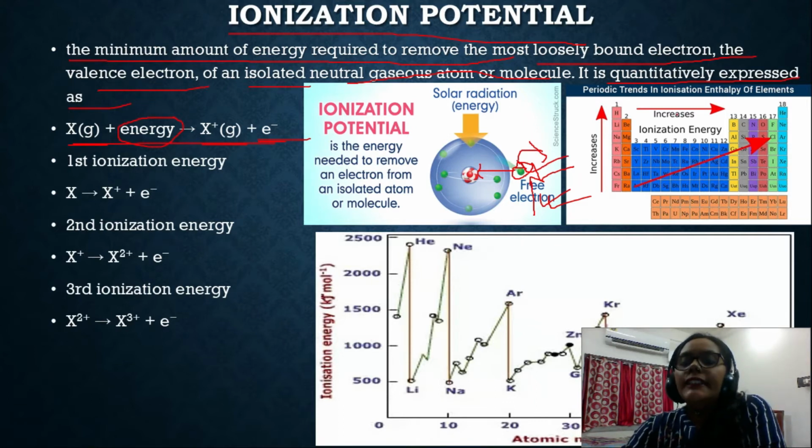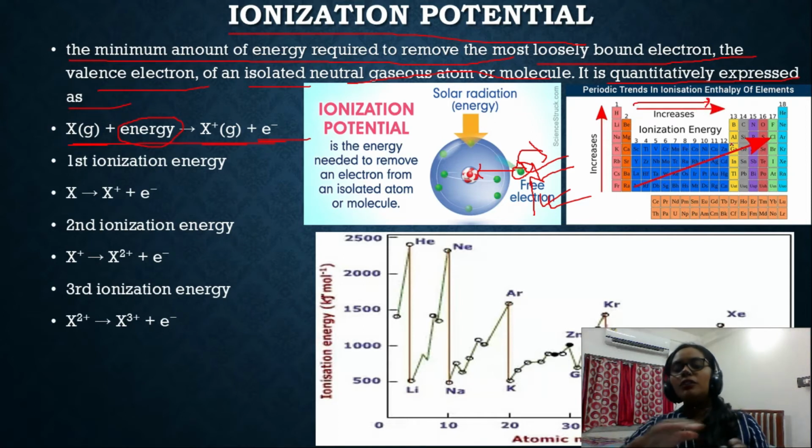Now this is the trend of the ionization potential. You can see that if we go from left to right along the periods, what will happen? The ionization energy increases. Why does it increase?